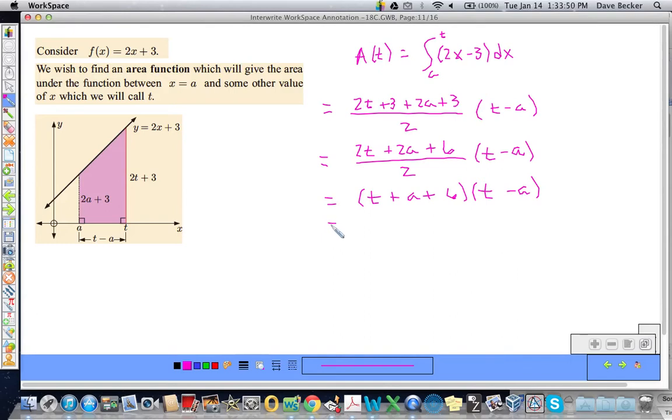And I will spare you the details, but you could use the distributive property and multiply all of this out, and you have some cancellations, and you end up with t squared plus 3t minus a squared minus 3a, which we can write as capital F of t minus capital F of a, where capital F of t is equal to t squared plus 3t.